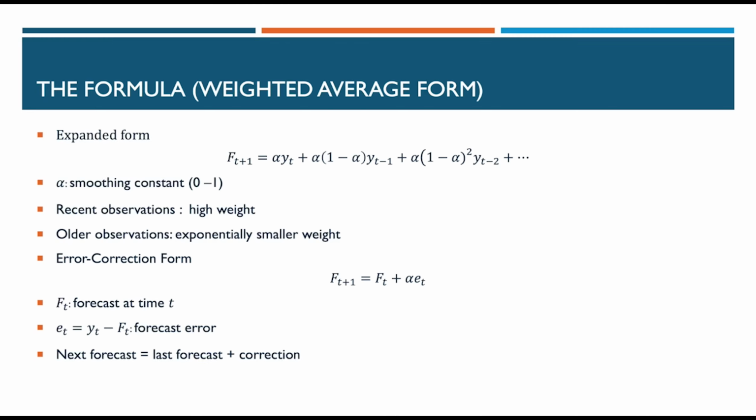The second formula I would like to talk about is the error correction form. I call it an active learner: each new forecast equals the previous forecast, adjusted using the error. So the new forecast equals the previous one plus the error multiplied by alpha. And what is the error? It's just the difference between the actual value and the forecasted value.